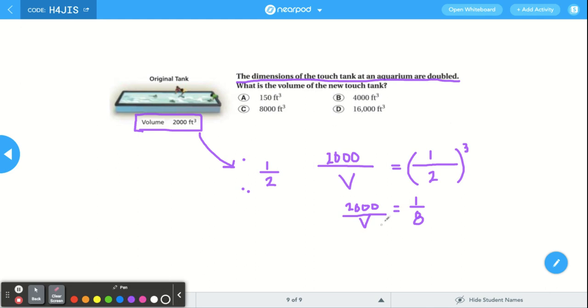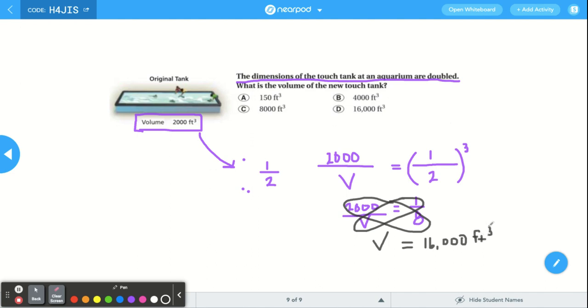So with this, we're going to do our cross multiplication. I do 8 times 2000 and get 16,000. And then 1 times V is just V. So the volume of the new tank is going to be 16,000 feet cubed.